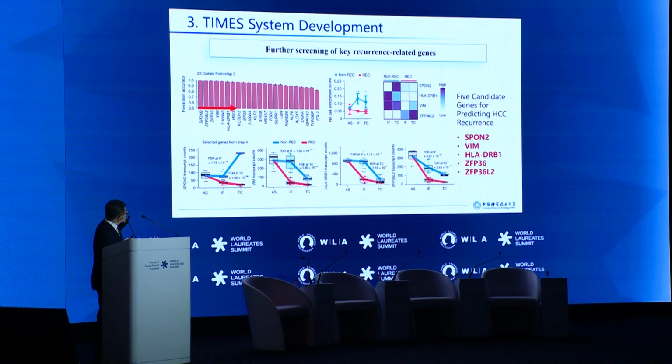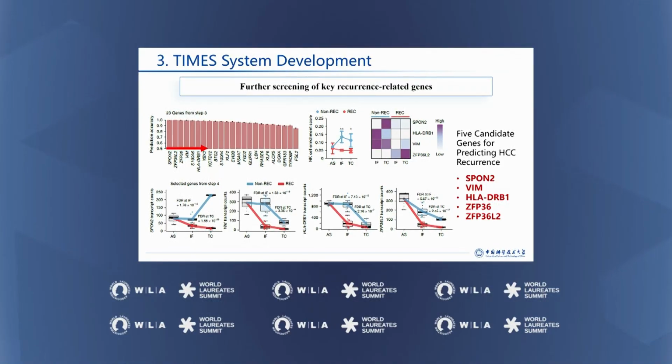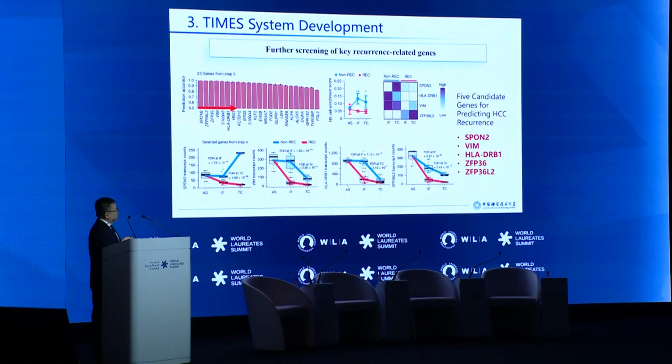We identified 241 genes, but this could not be used in clinical work. It's too many genes to test. So we narrowed these genes to 23 genes, but that is also too large. So we selected 5 candidate genes for predicting HCC recurrence in our group.